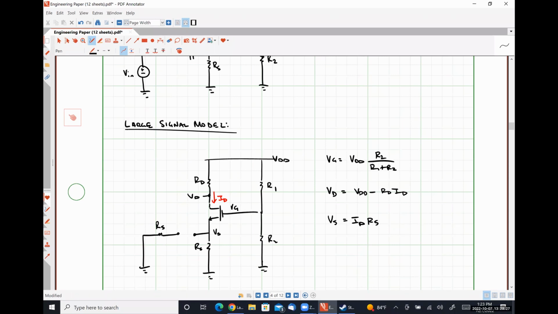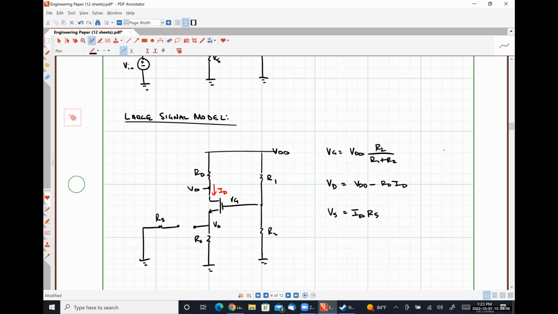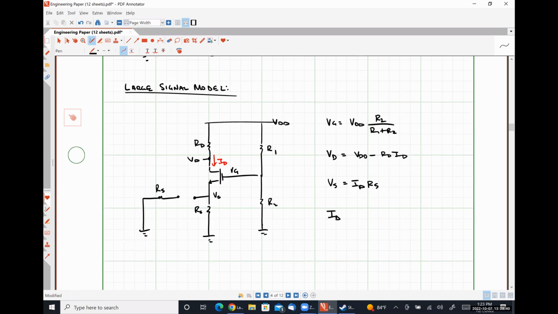And ID is 1/2 mu n Cox W over L times VGS minus VTH quantity squared. And then we effectively have a system of equations that we need to solve, with the understanding, obviously, that VG minus VS is VGS.